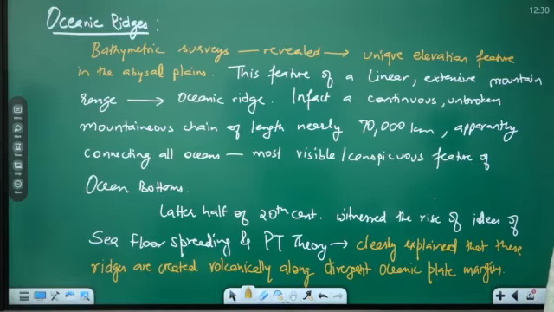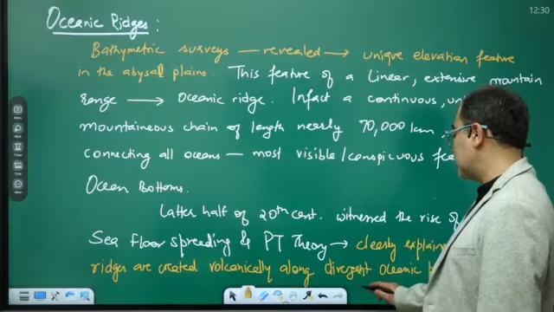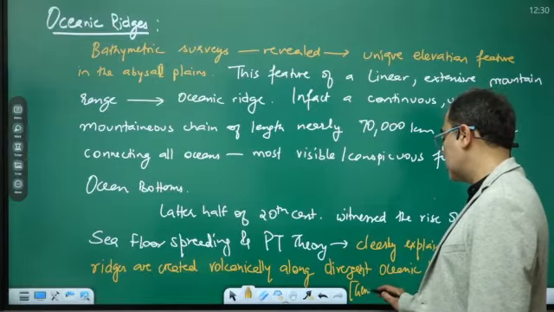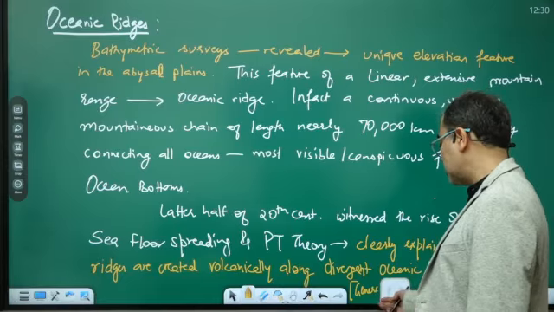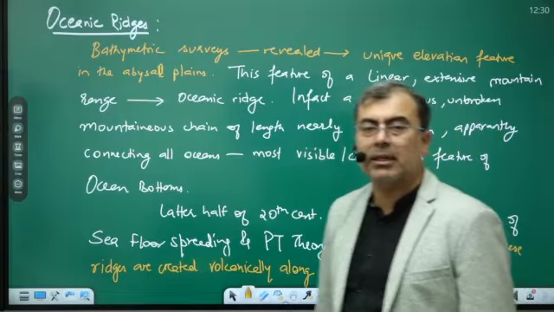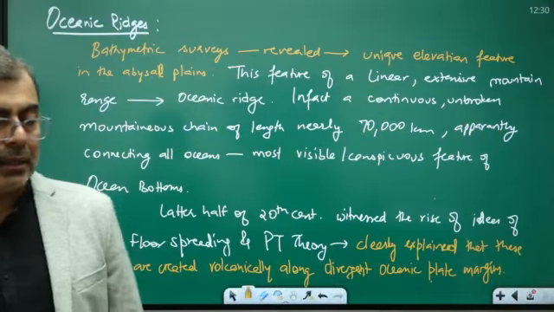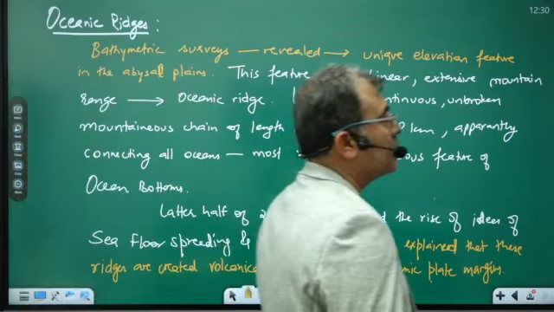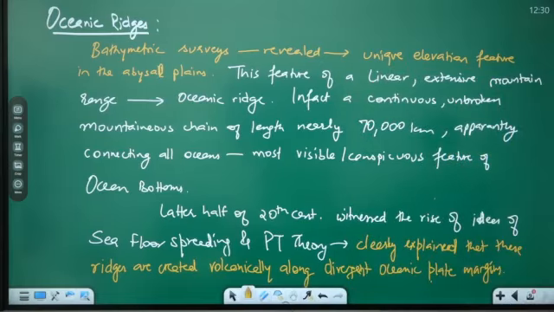ठीक है, तो ये हो गए ओशियानिक रिजेस. Generally aged, या एज तो ओशन वाइज अलग हो जाएगी, so let's take it away. Generally Atlantic Ocean में it was aged 180 to 200 million years, but that's gone, so we are not bothered about that.